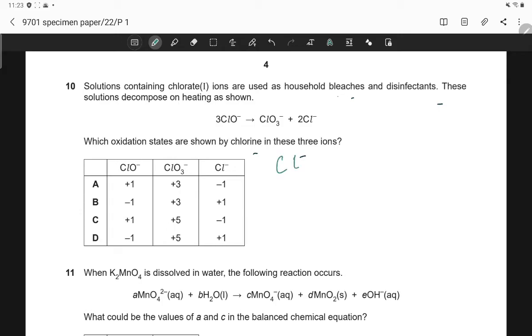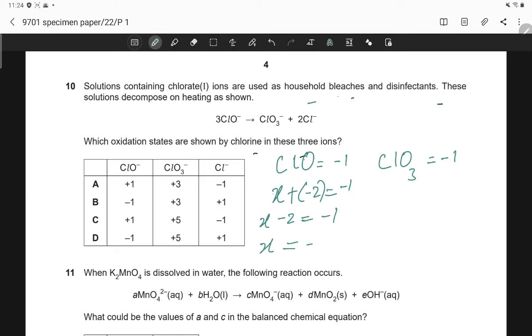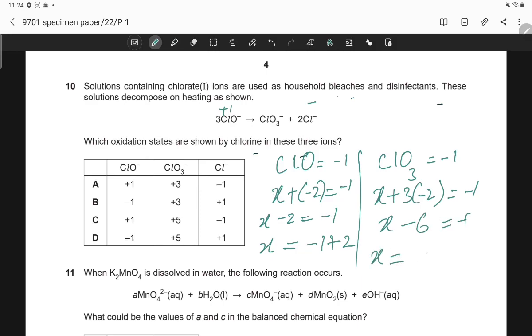So just calculate for the ions. Cl is equal to -1. ClO, where x plus oxygen is negative, minus negative is equal to -1: x minus 2 is equal to -1, so x is equal to -1 plus 2, that is +1. For ClO3: x plus 3 minus 2... x minus 6 is equal to -1, x is equal to -1 plus 6, that is +5, and this is -1.